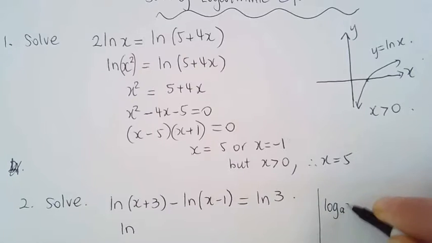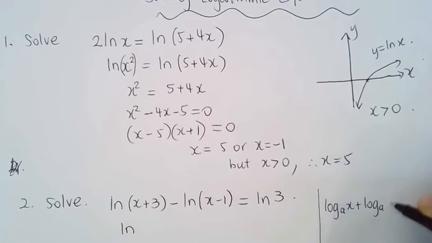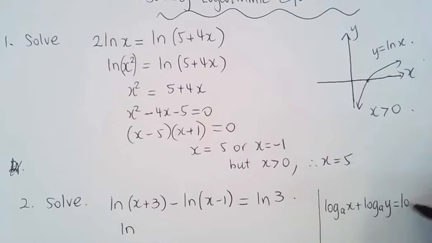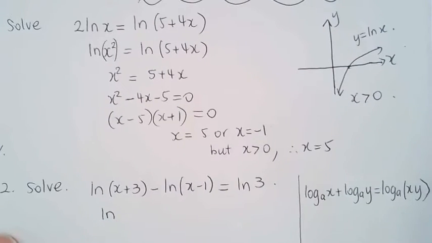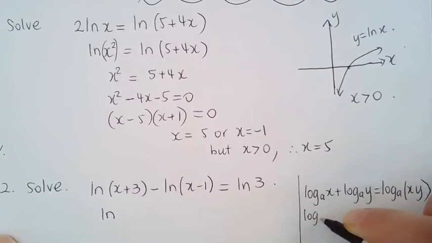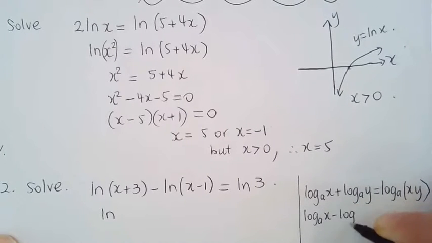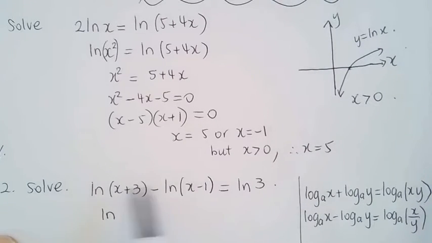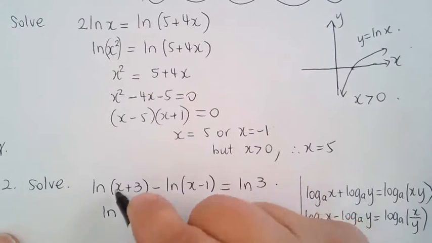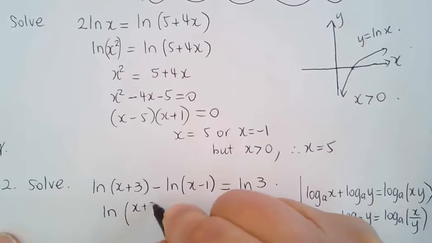Log to the base a of x plus log to the base a of y equals log to the base a of x times y. The other rule is log to the base a of x minus log to the base a of y is log to the base a of x divided by y. So that is in that form. So what do I do with these two? I divide them.